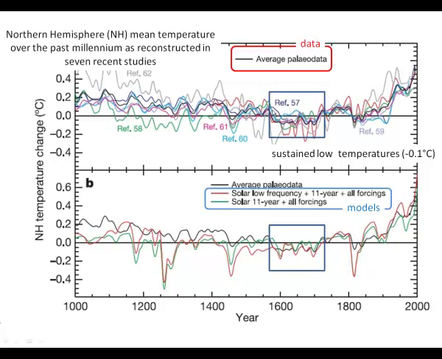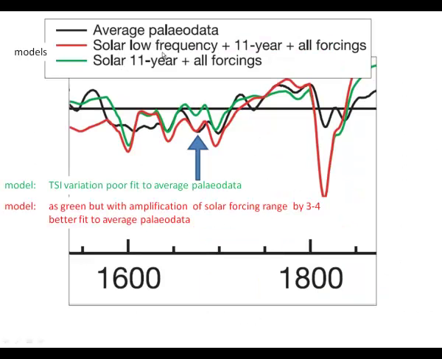And the black line in here is the average for all the paleo data, in other words the observed data. What these authors have done then is put the average for those 7 studies in this plot here, and they've run 2 models. If we go to the next slide, we're going to look at this interval that we're interested in in further detail.